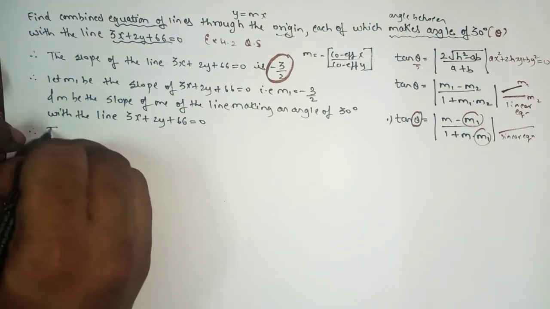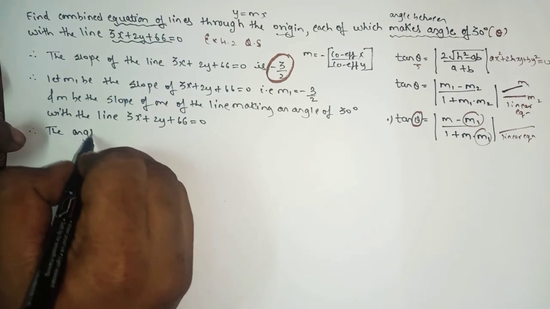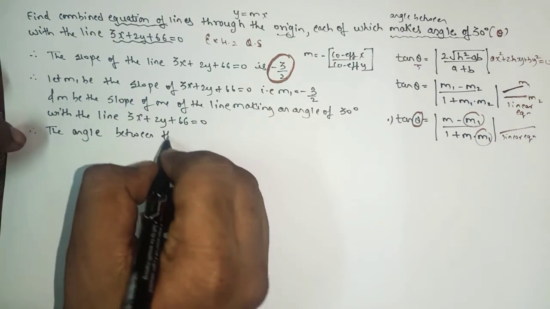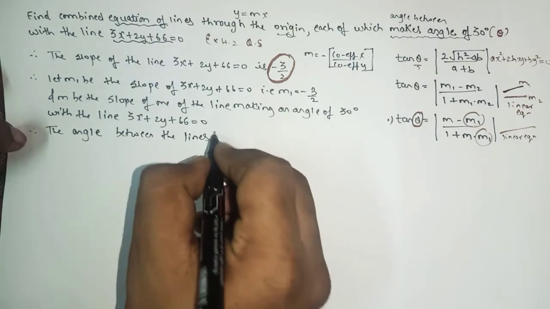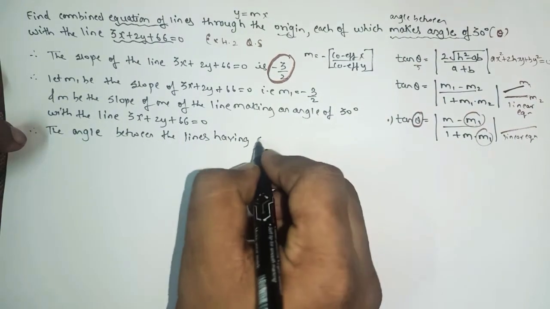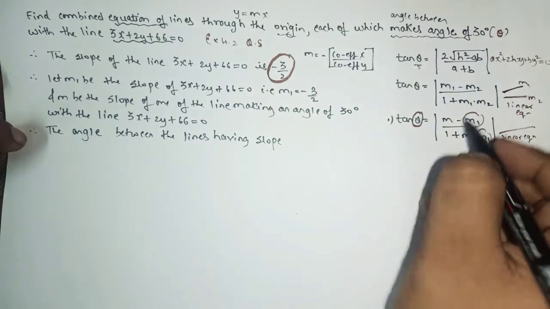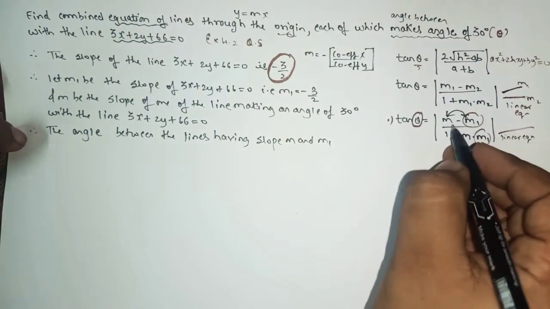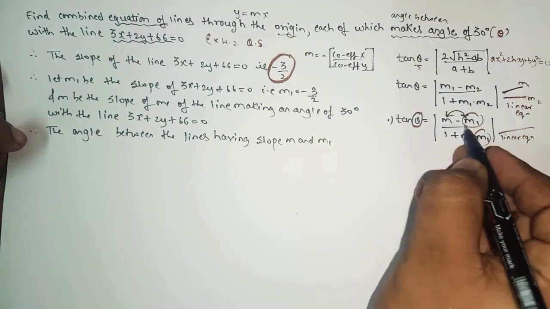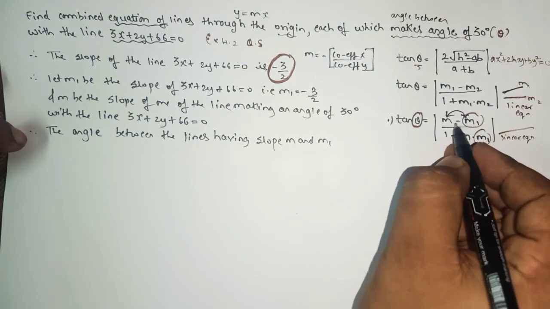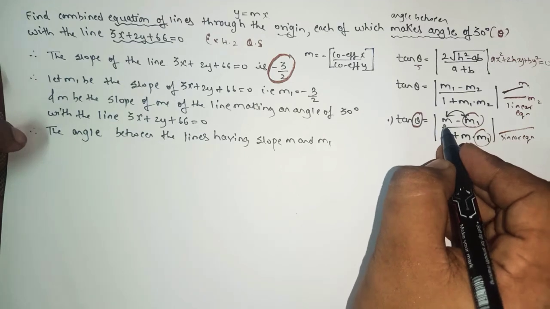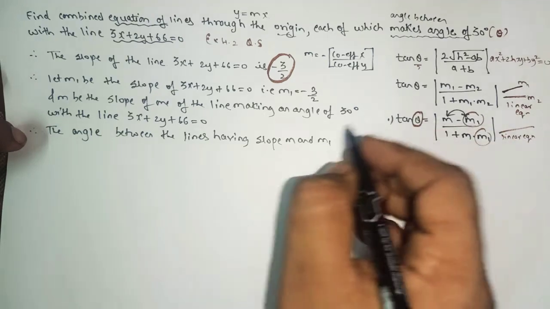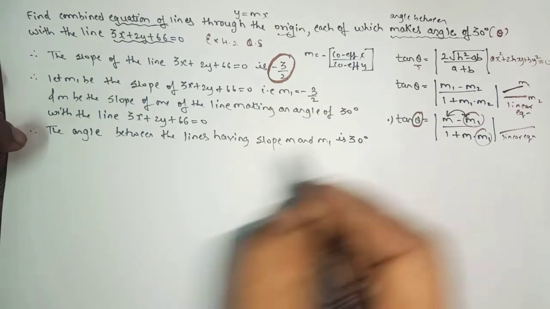So here we can say the angle between the lines having slopes M and M1, so the slope of the first line will be M and the second line will be M1. The angle between them is 30 degree.